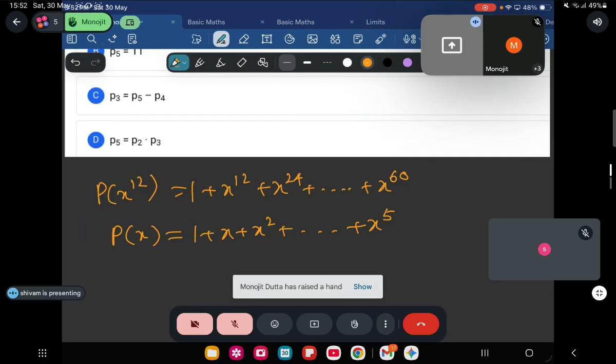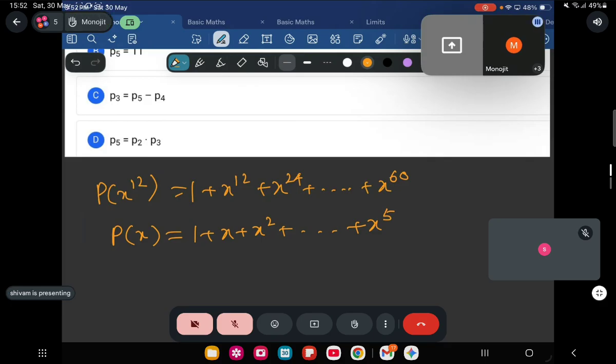Can you identify? Yes, Satyaki, tell me. Sir, it is part of x to the power 5 minus 1. You are making a slight mistake. It is x to the power 6 minus 1, right?